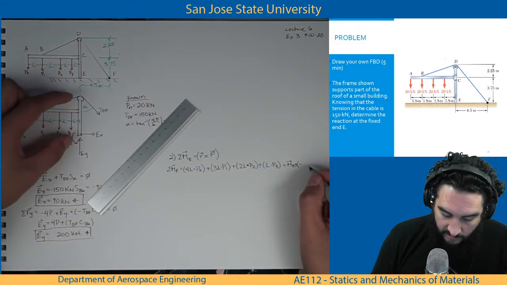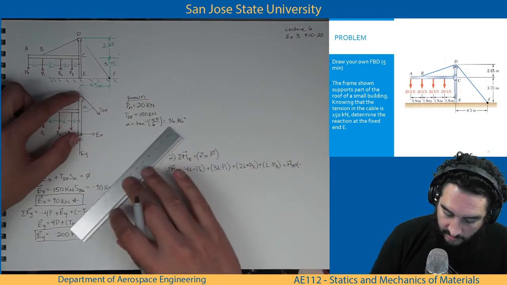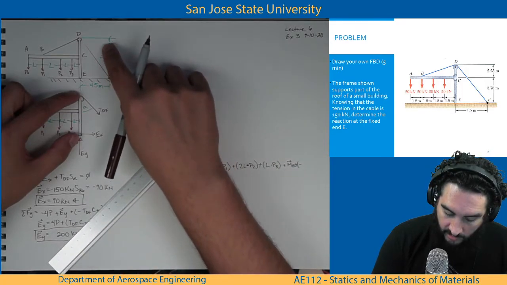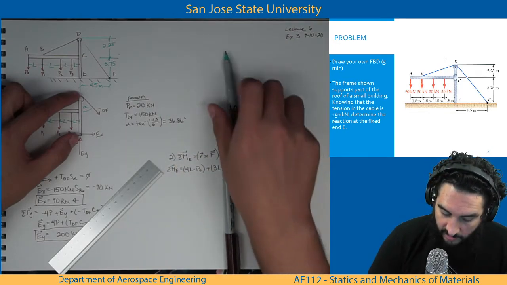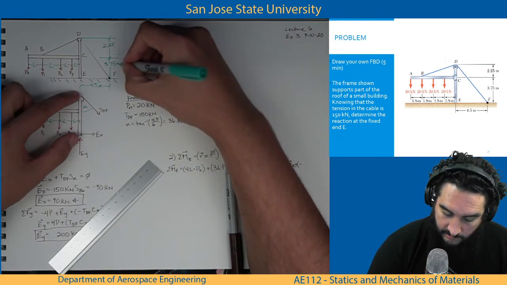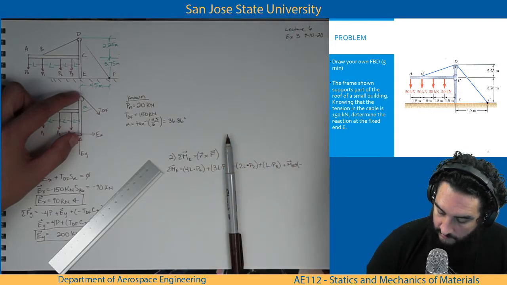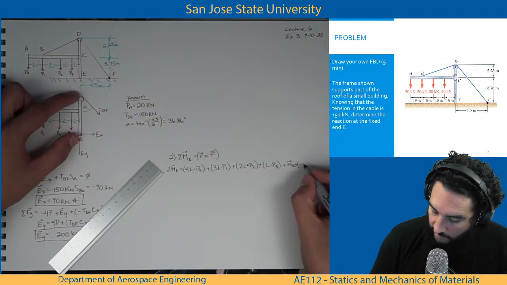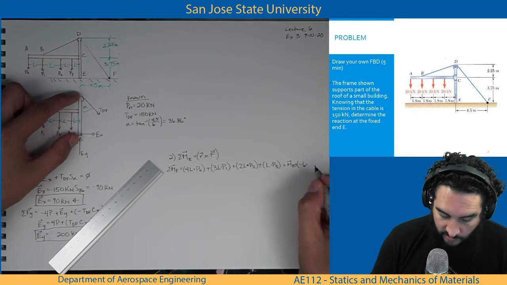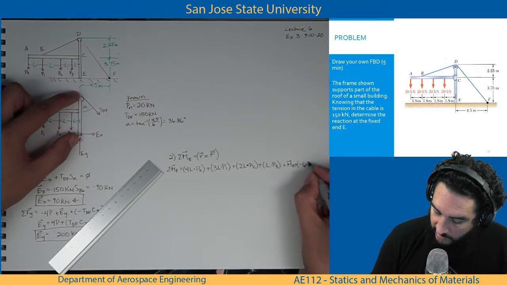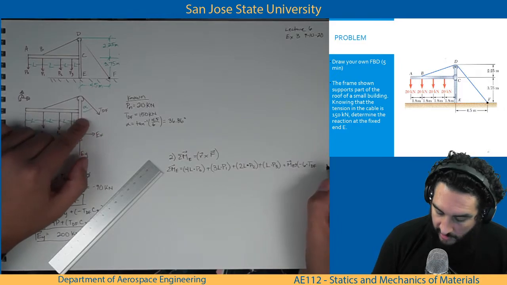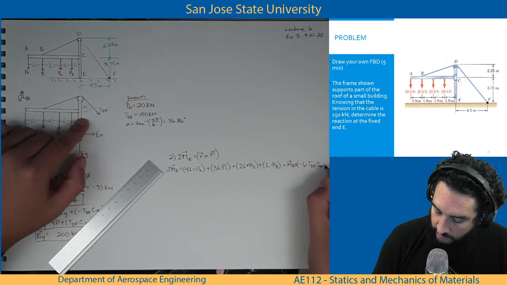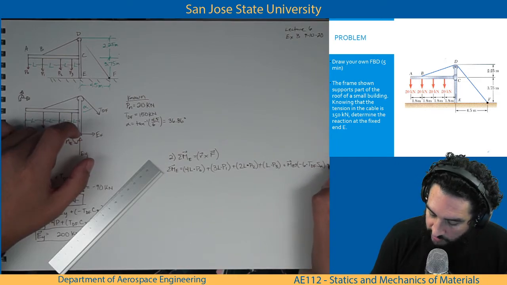So the moment arm is 6 meters. I'm not putting any units here. So -6 times TDF sine of alpha equals 0.